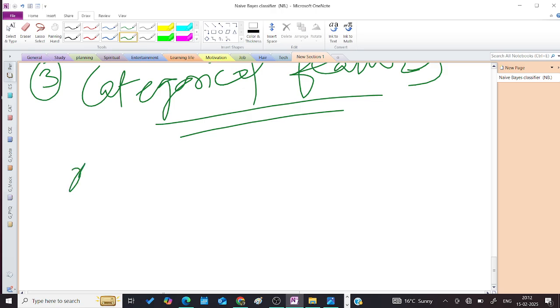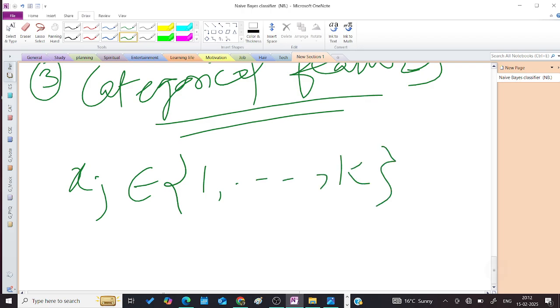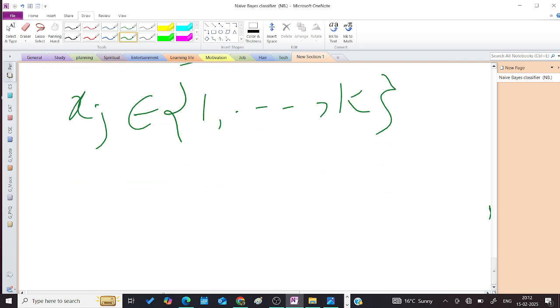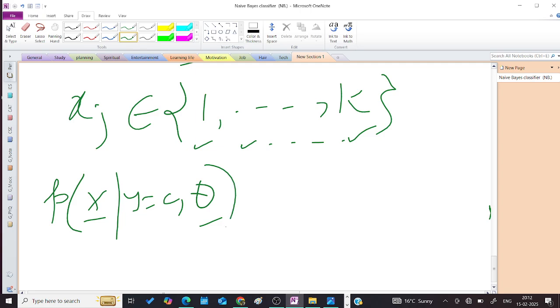Okay, so xj will be from 1 to K. That means it can take value 1, 2 or any number between 1 and K, right? So then p of x given y equals c and theta.